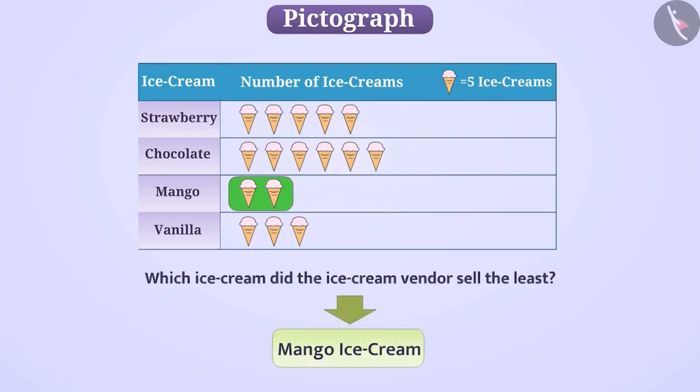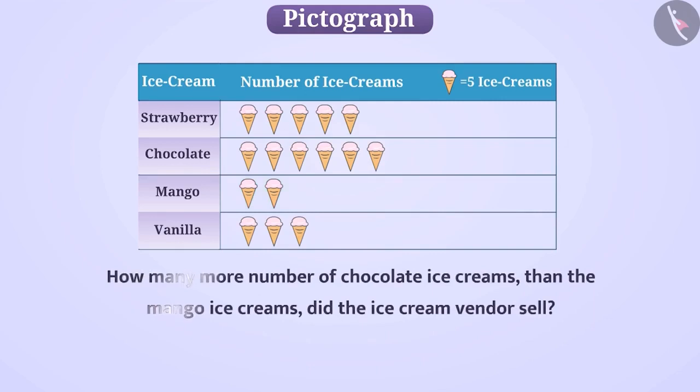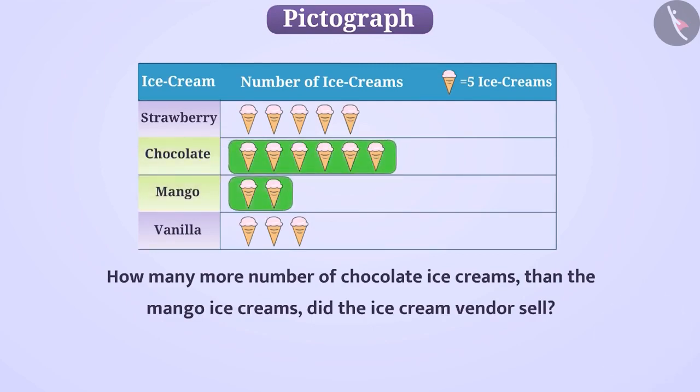Can you tell how many more chocolate ice creams than mango ice creams did the ice cream vendor sell? Think for a while. Correct. To find out, it's not required to find the exact number of both.